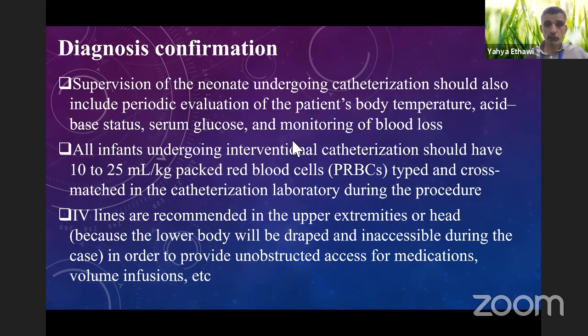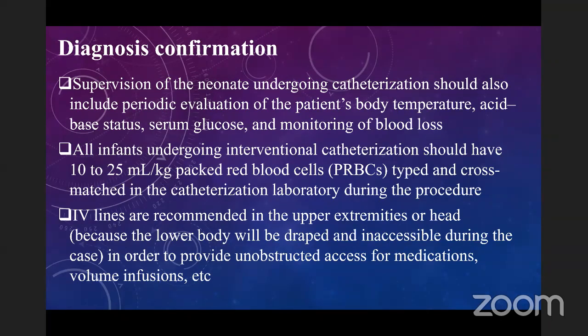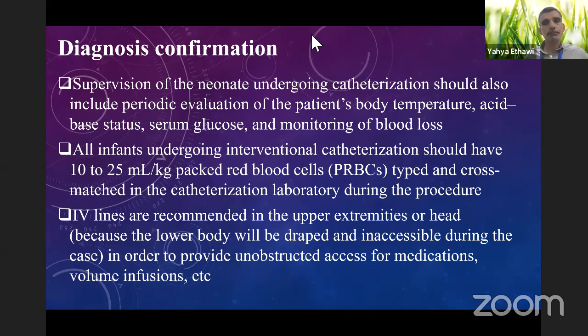All these need to be discussed. It's very good if you can have neonatologists observe the baby during catheterization the whole time, if available. You need the saturation and hemoglobin to be within certain limits. You need to make sure that you have access, and sometimes it's vital to have central vascular access, and it will be great if you have arterial access.